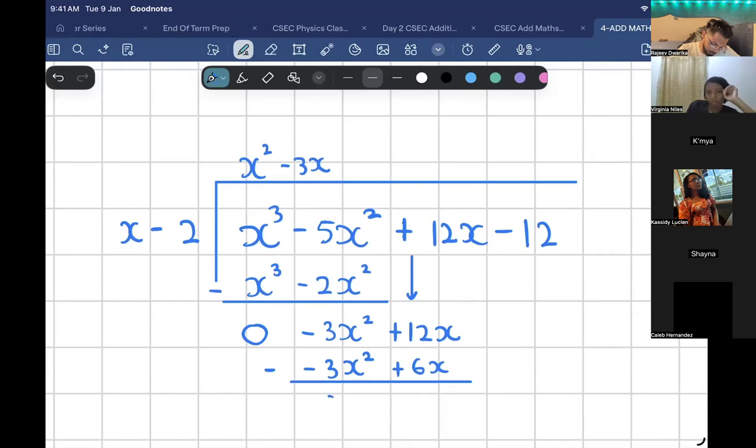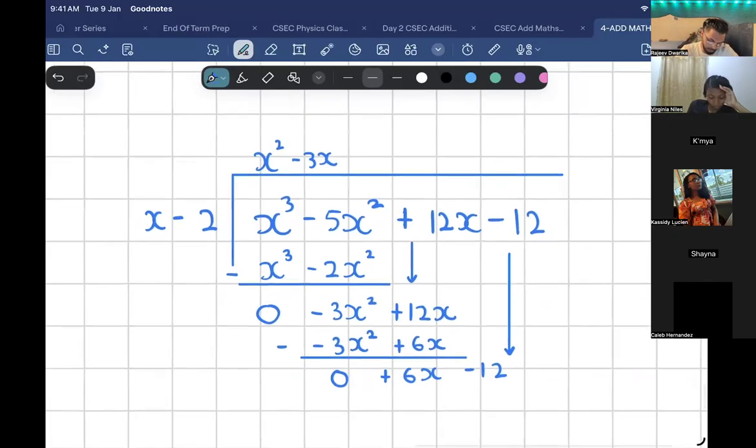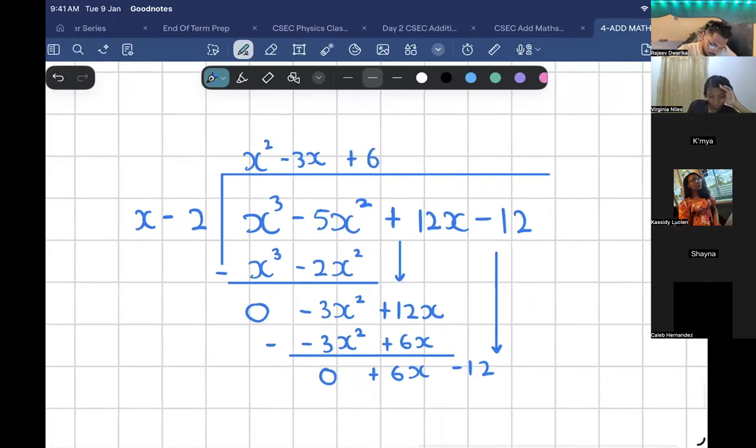And 12x minus 6x, that'd be positive 6x. And then what next? 6x into x is plus 6. And 6 by minus 2 is minus 12.